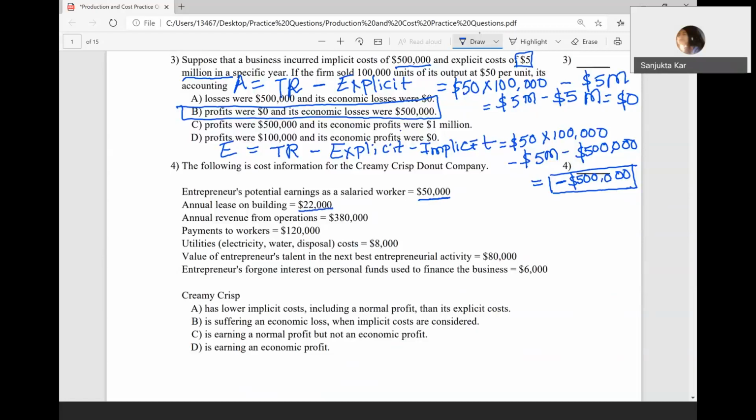This is the total revenue, which is equal to price times quantity. Then we have payments to worker, utilities, value of entrepreneur's talent in the next best entrepreneurial activity. Then the foregone interest on personal funds used to finance this business.